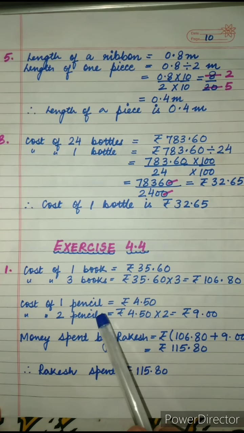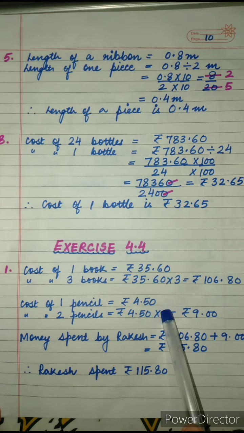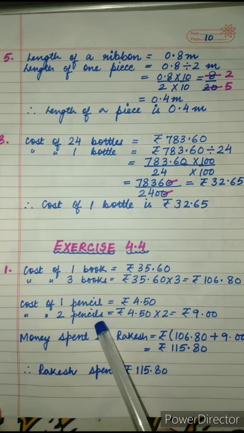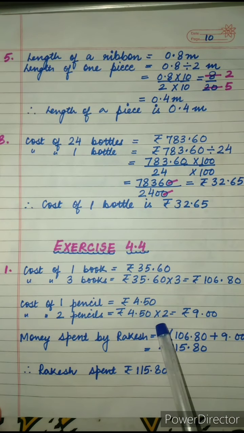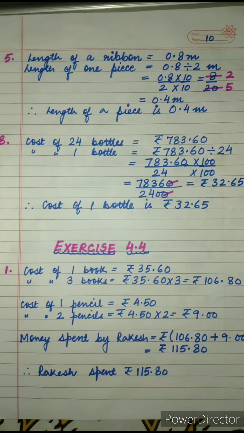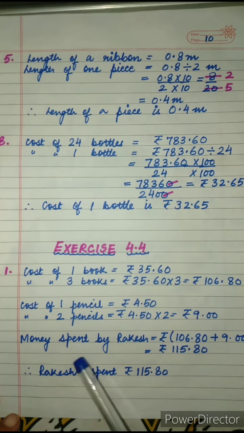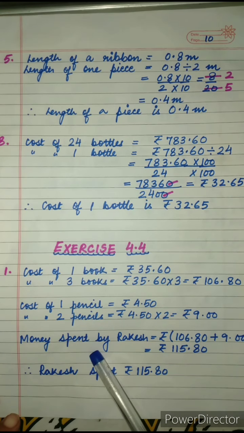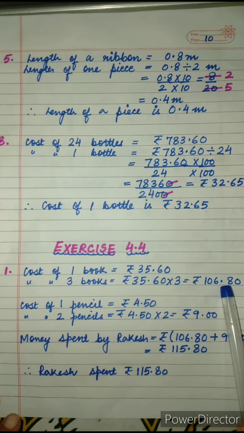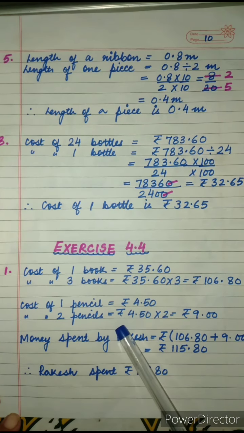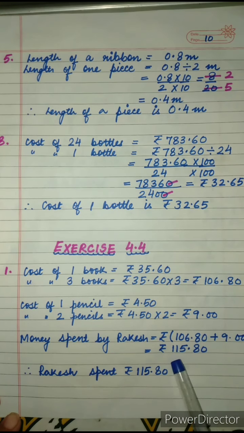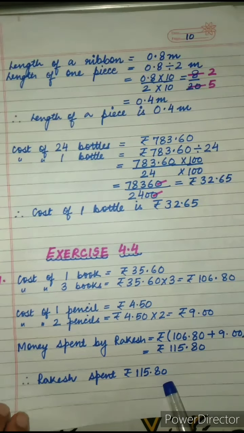We are also given that cost of 1 pencil is ₹4.50. Therefore, cost of 2 pencils will be 4.50 into 2, that is ₹9. Now, how you are going to find the money spent by Rakesh? We are going to add the cost of 3 books and the cost of 2 pencils, that is ₹115.80. Therefore, Rakesh has spent ₹115.80.